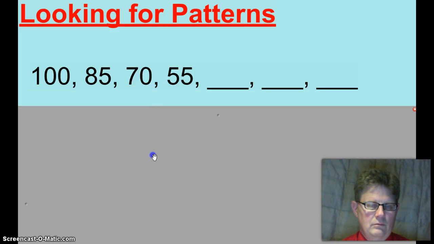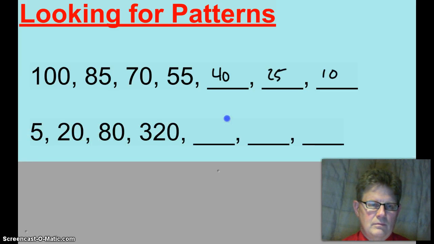Do you see it? What is it? Sure. Decreasing by 15 each time. Sure thing. This one might be a little bit harder to see. Got it? It's multiplying by 4 each time.